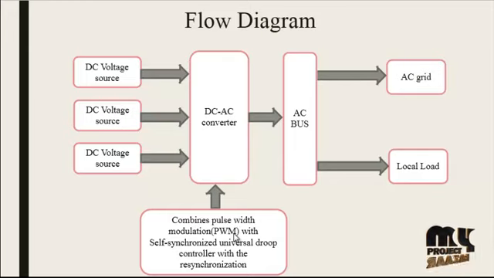There is a self-synchronized universal droop controller, and they use different types of transfer functions to control the PWM pulses. The reference PWM pulses will control the DC to AC rectifier. The entire blocks correspond to our AC circuits and our DC generation, and totally we get our AC power.